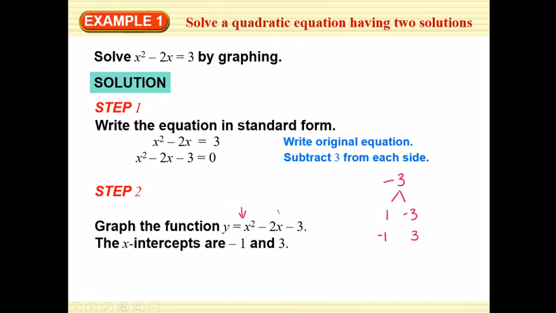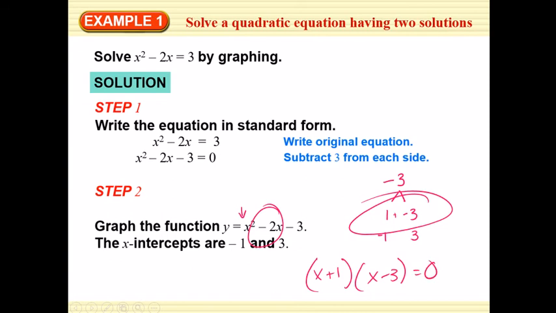Well, which of the two adds to a -2? That would be this one. So that factors into x plus 1 times x minus 3 equals 0. And then you use your zero product property, x plus 1 equals 0, and solve to get x equals -1. And x minus 3 equals 0 to get x equals 3 here.